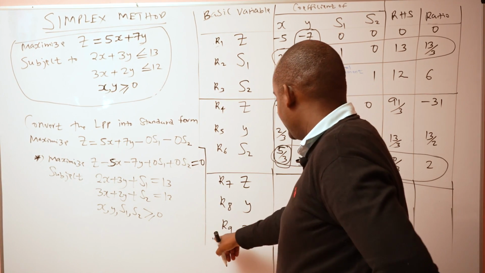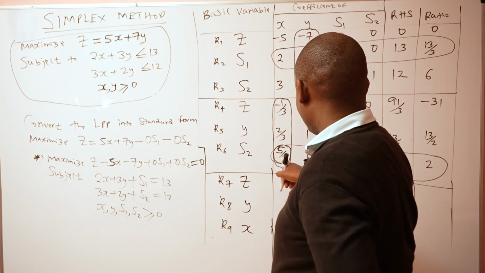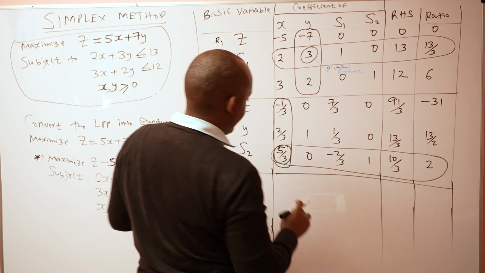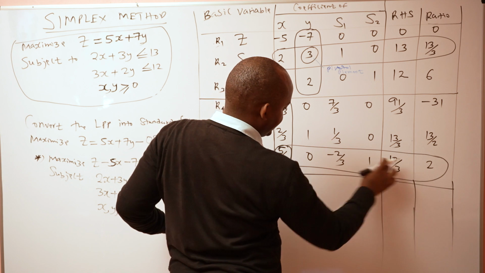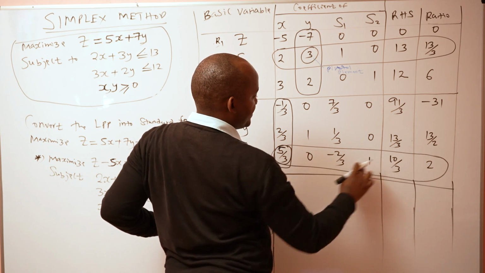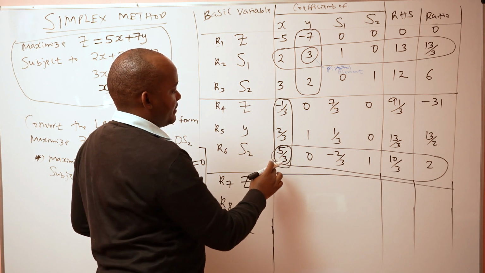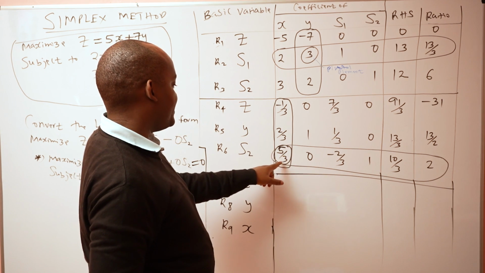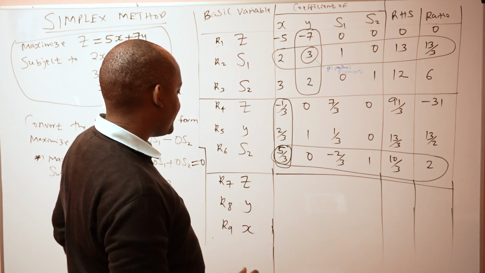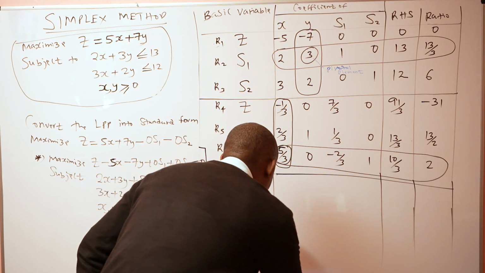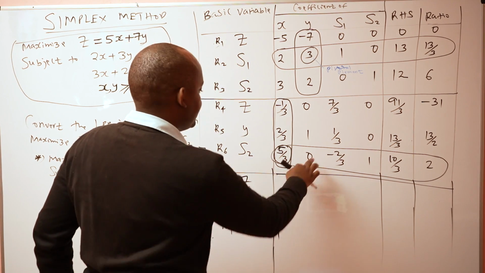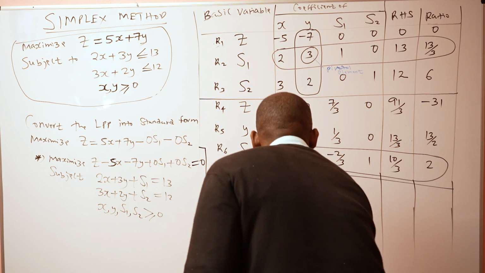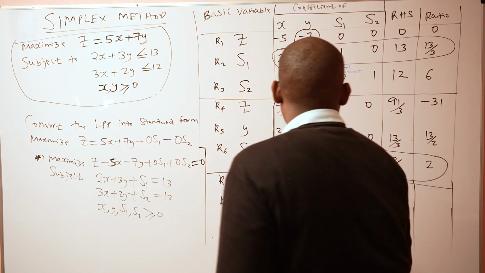So the new row, which is now row number 9, is obtained by dividing all the entries in the pivotal row by the pivotal element. Like now when you divide 5 over 3 by 5 over 3, this is going to give us 1. 0 divided by 5 over 3 is going to give us 0.